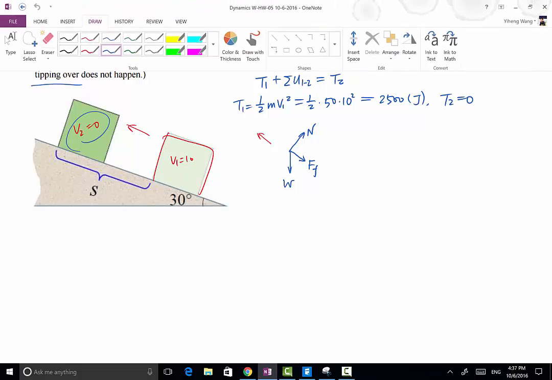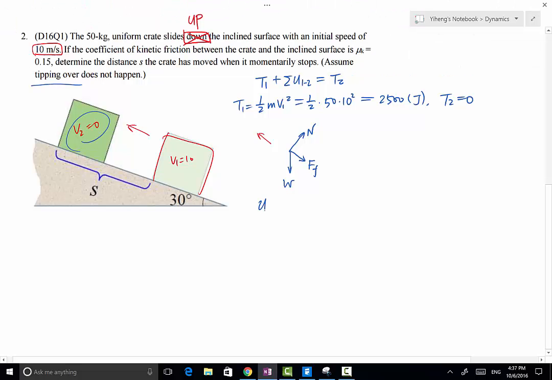So now we're ready to write the total work done by weight during this process. It equals its magnitude, which is 50 times 9.81 times the displacement. If this much is s, then the vertical displacement, the displacement up, equals s times sine 30 degrees. And we just said that the work is negative.